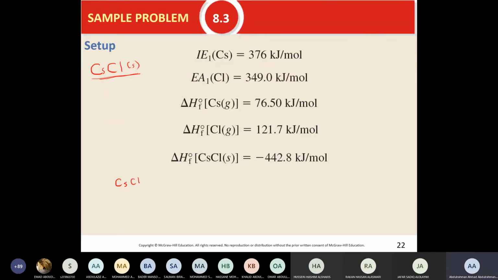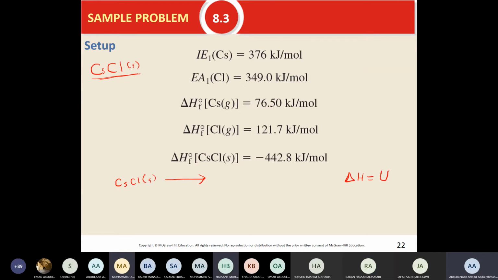What's CsCl? Solid. What's U? Write an equation to represent U. Minus 400. What's that energy?